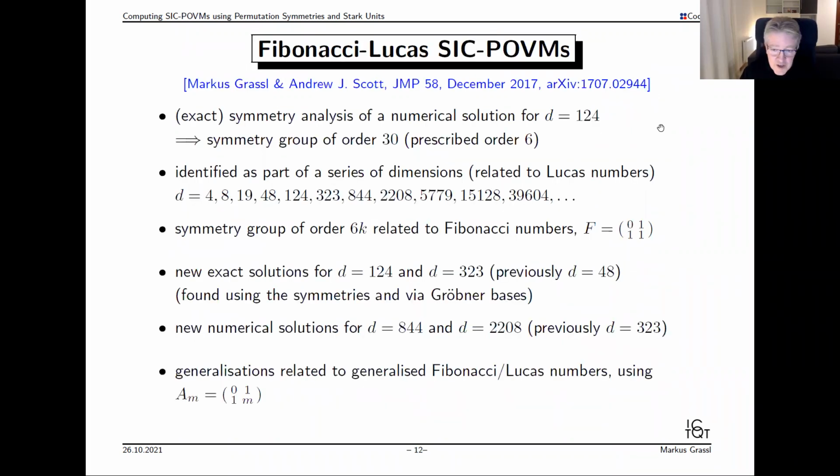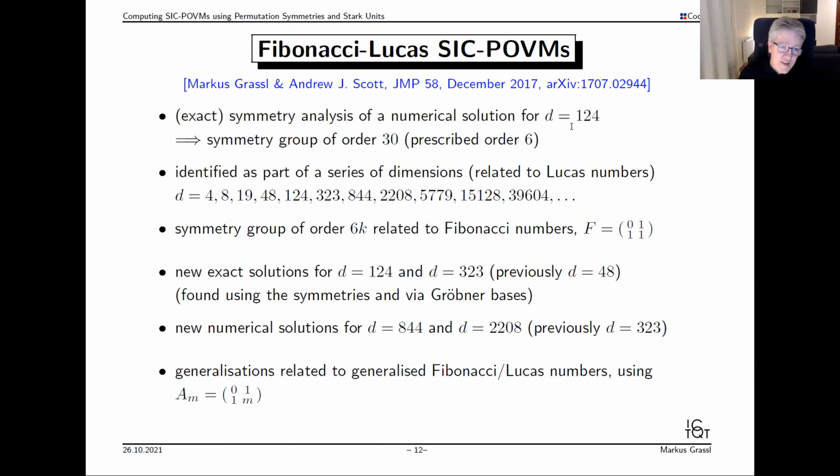So the question is, can we get more help by symmetries? So what symmetries can we expect? What Andrew did was taking small order symmetries, of order 6, for example, and he found a solution in dimension 124 with his method.